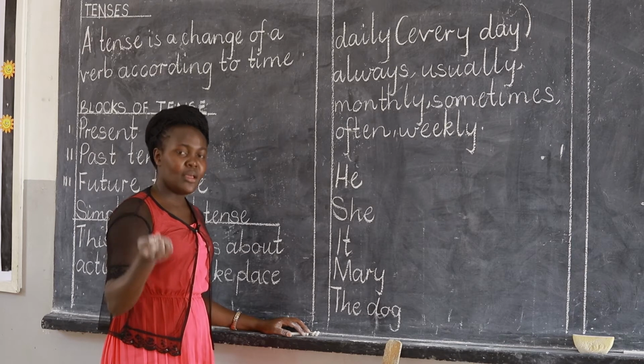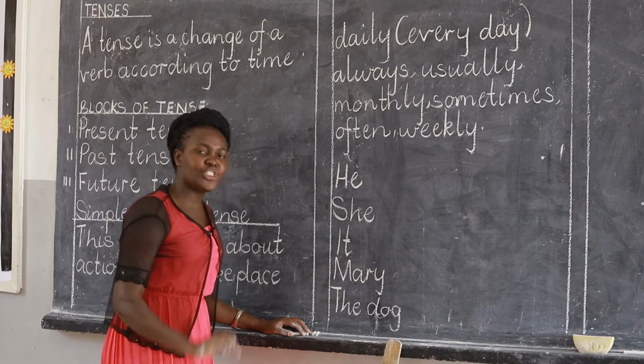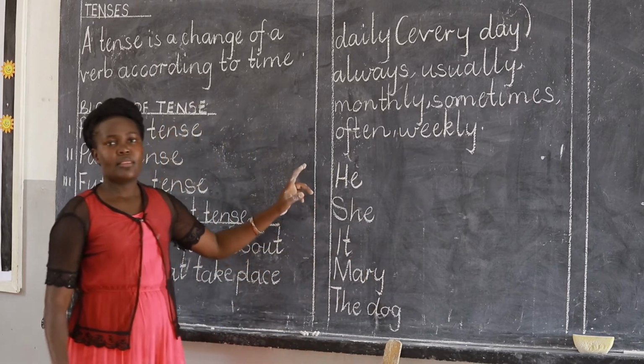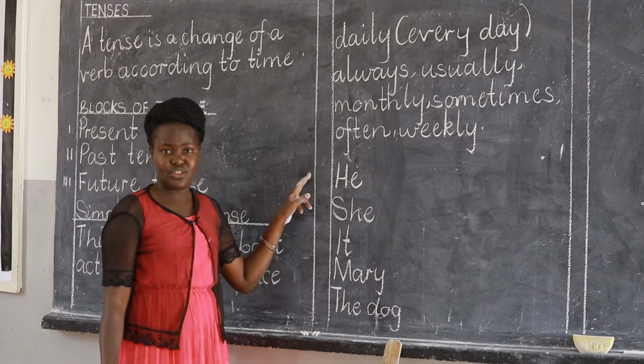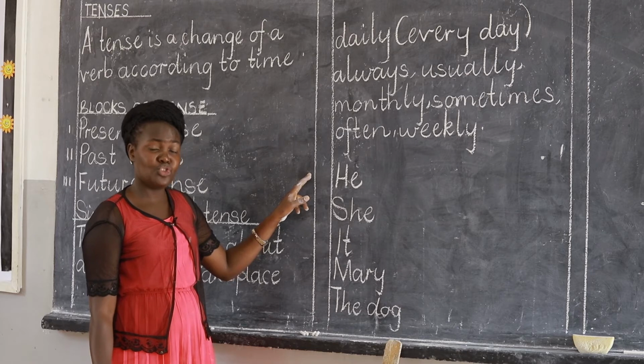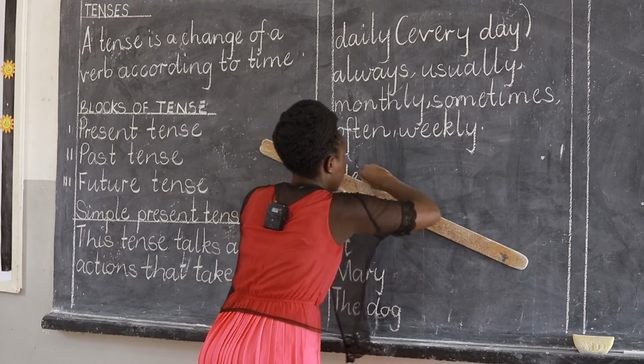I've said, when it comes to simple present tense, those actions we do daily or always, the verb changes if we are looking at singular pronouns or singular nouns. This is what I mean.